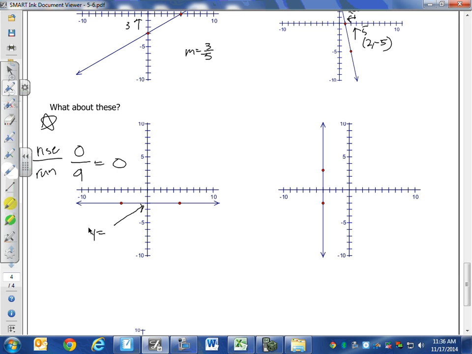It's okay. So my equation, y equals mx plus b, is just y equals -2. One simple.